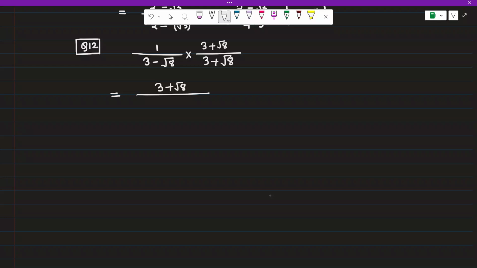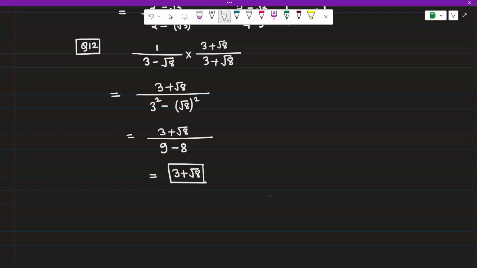And the denominator, if you use the difference formula, we can write 3² − (√8)². So we get (3 + √8) divided by 9 − 8, which is equal to 1. So 3 + √8. That's our final answer.